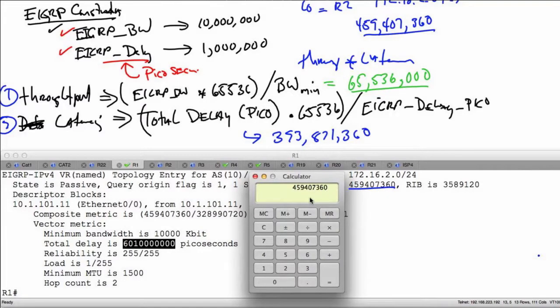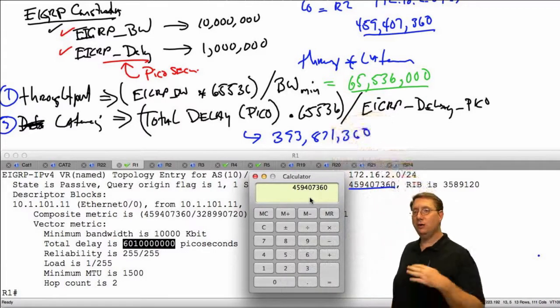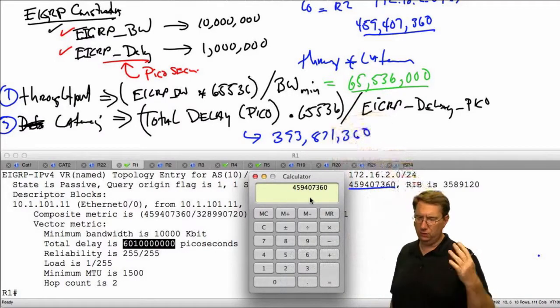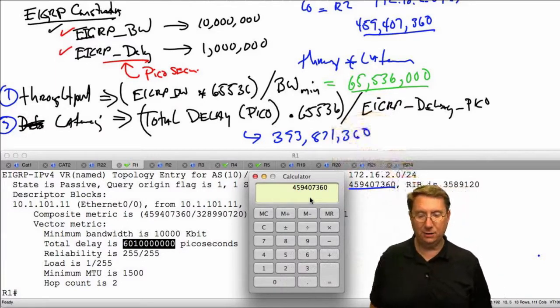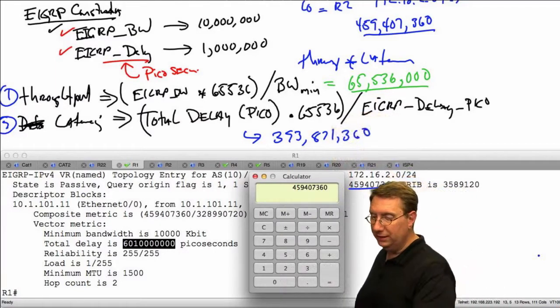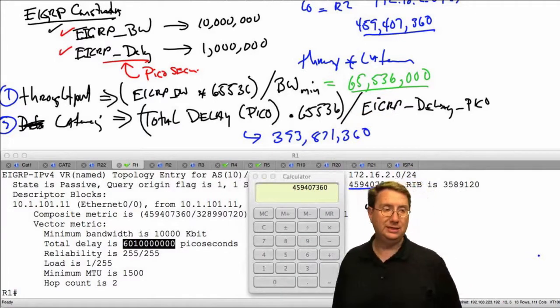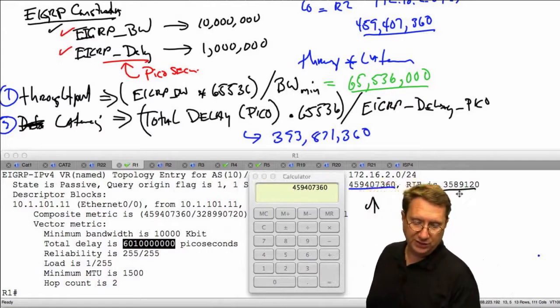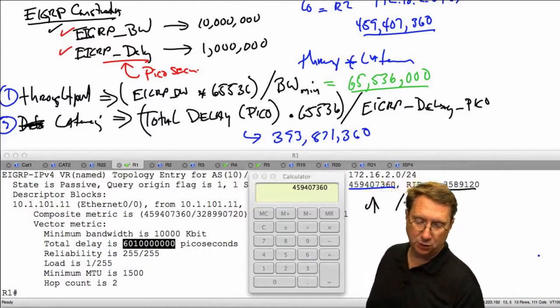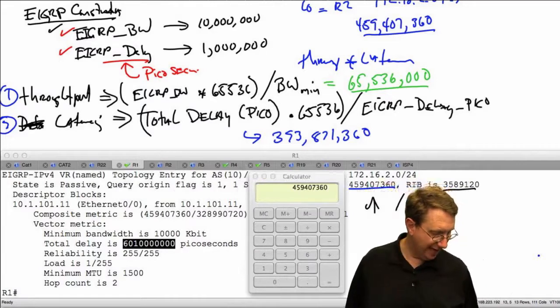Sorry about the math mistake there, but they do happen, and this is why I want you to verify your numbers. I don't know exactly what I did wrong. I'll go back and watch the video and see, but that's how we determine our feasible distance. Notice it's smaller, but remember that's because we're going to divide it by 128.